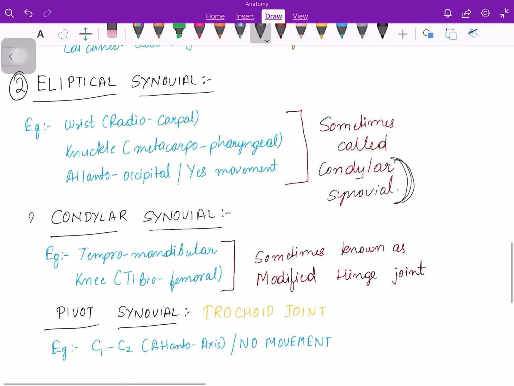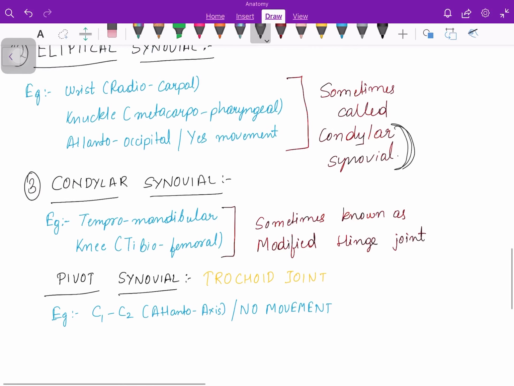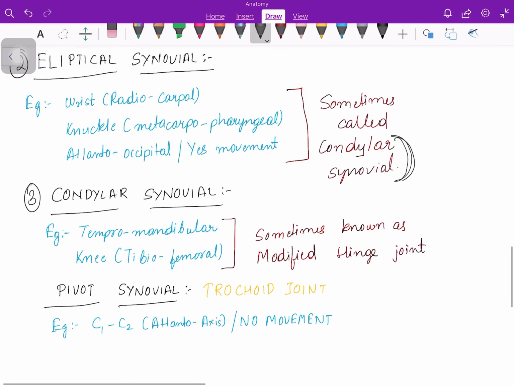Then third comes the condylar synovial. Condylar synovial has two examples, that is the temporomandibular joint and the knee, that is the tibiofemoral joint. These two are condylar synovial, but also sometimes known as modified hinge joint. If condylar is not given in the options, then it is known as the modified hinge joint too.